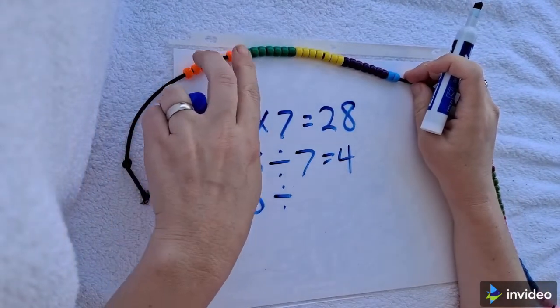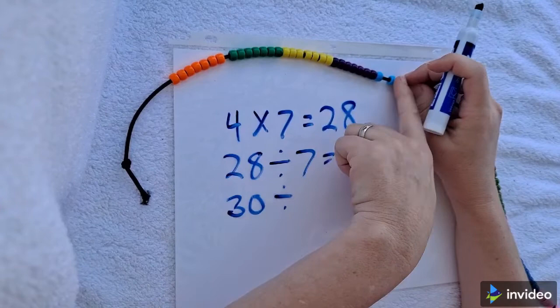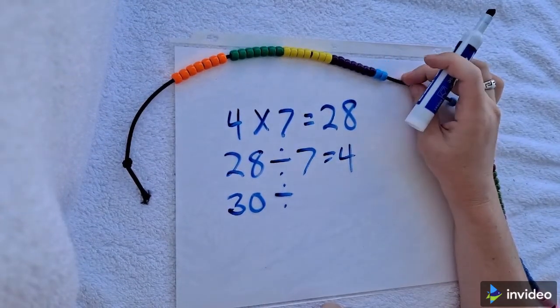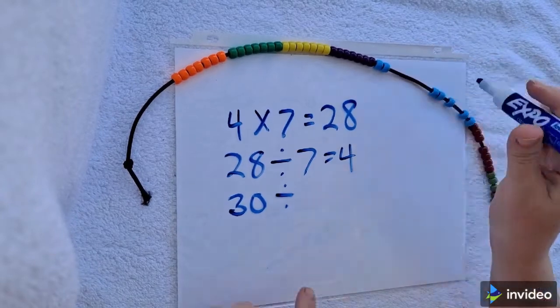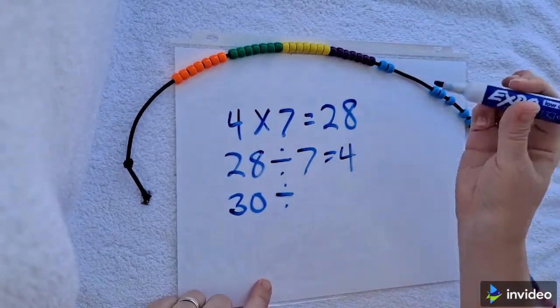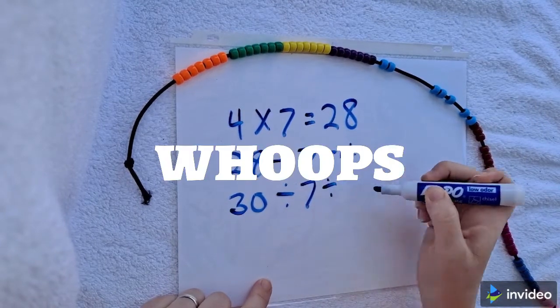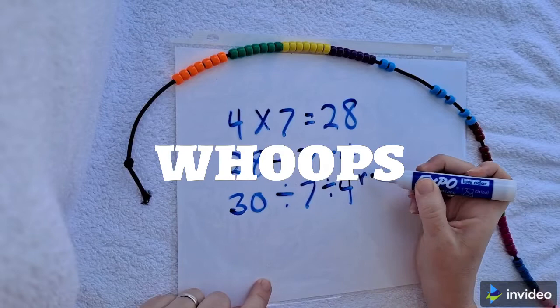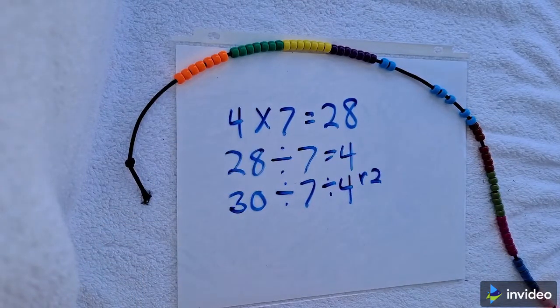And what we're going to see is that we can make 4 groups of 7, but there's a remainder of 2. We'll talk about remainders meaning left behind. So we don't have another group. So again, 30 divided by 7 is 4 with a remainder of 2. So the strings with wings are really good for teaching remainders.